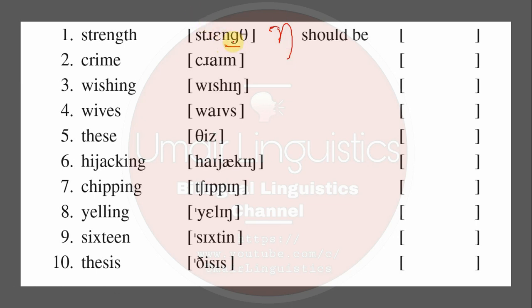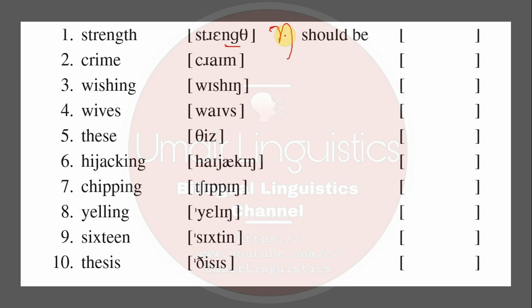Instead of these two sounds, there should be only this sound. All the errors which I am going to correct are available in the Oxford Advanced Learner's Dictionary, and these are the correct pronunciations.